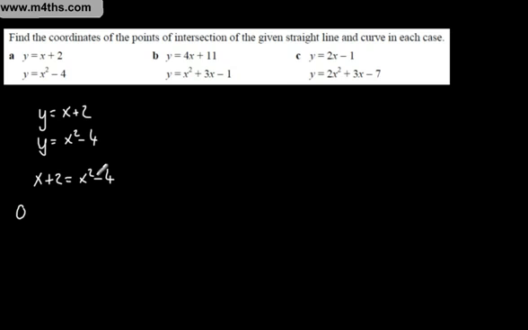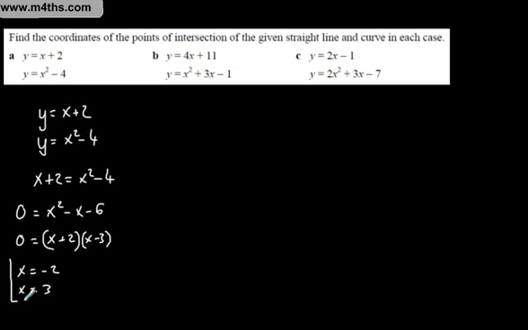We bring everything to the right hand side, set this side to 0. We've got x squared minus x, minus 4 minus 2 is minus 6. We can now simply factor and solve this: x plus 2, x minus 3. So x will equal negative 2 or x will equal positive 3.